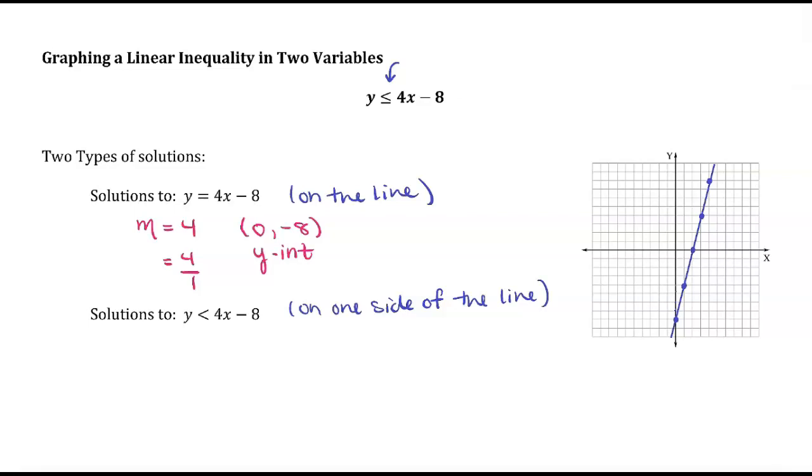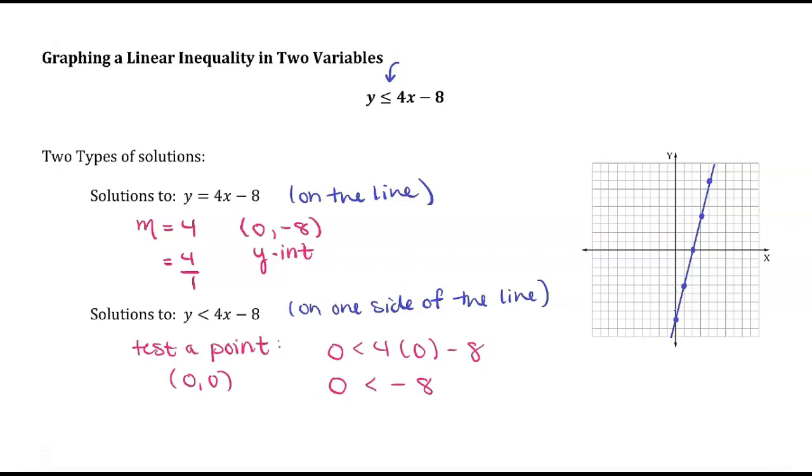A test point is any ordered pair that is not on the line. If the point (0, 0) is not on the line in question, I like to choose (0, 0). It makes my life easy to plug in x = 0 and y = 0. When we do that, we have 0 < 4 times 0 - 8. 4 times 0 is 0, so this is 0 < -8.